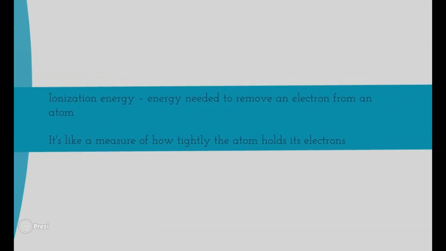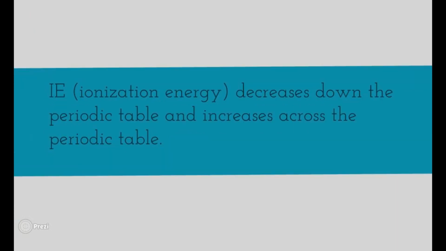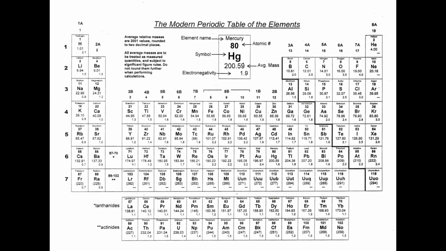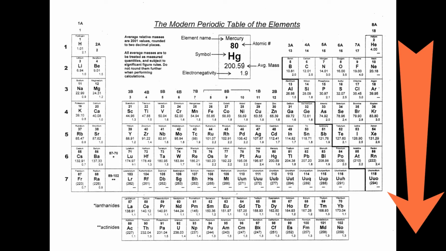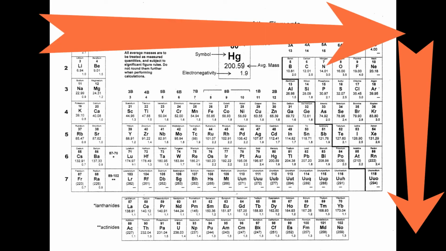Okay, so the definition. Ionization energy is the energy needed to remove an electron from an atom. It decreases as it goes down, and then increases as you go across. Again, is that the same trend as the picture you just drew down? It is. All they did was flip this arrow and put decrease.